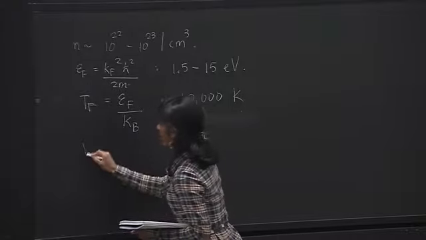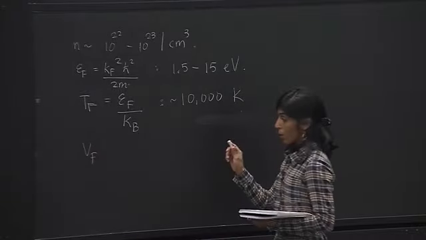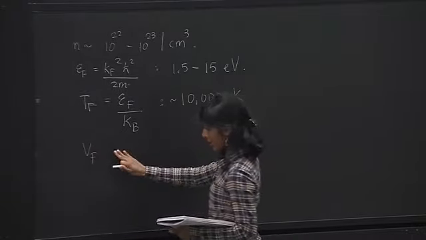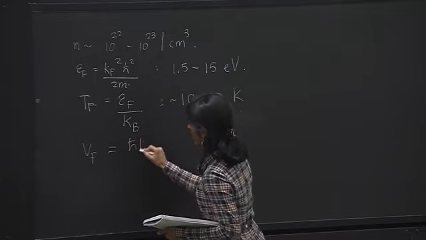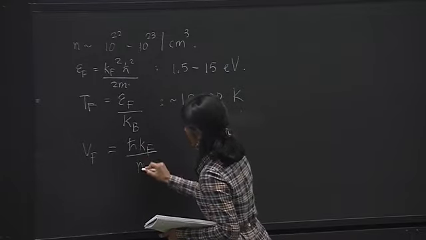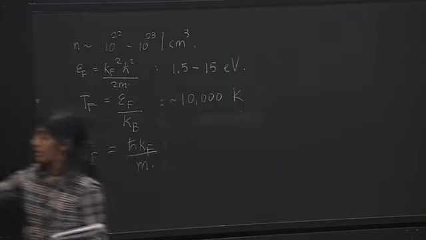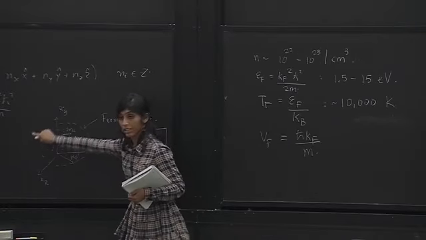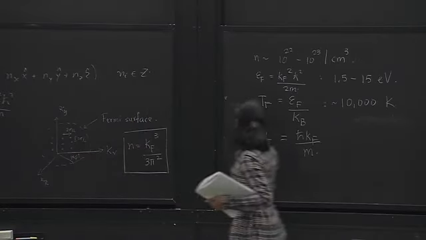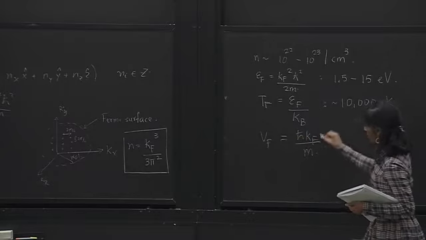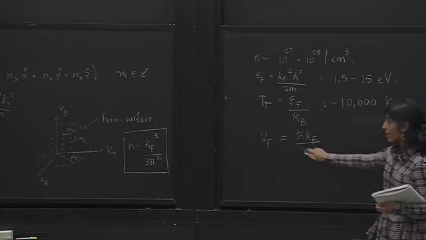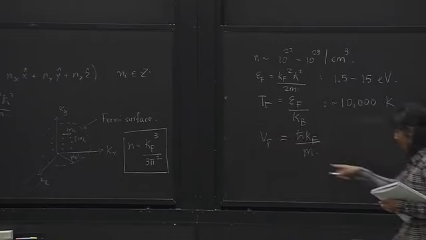A related quantity is the Fermi velocity. It's the average velocity of the particles that are just at this Fermi surface. Okay, so they have momentum h bar kf, and momentum divided by mass gives me a velocity.